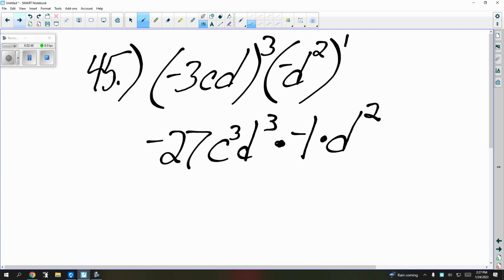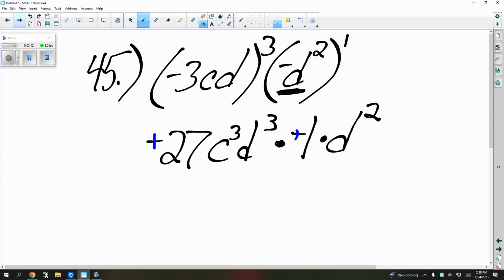The negative in front of that D does not get squared. Oh, no, no, no. The negative in front of that D does not get squared. That is a big mistake. All right. 2 negatives make a positive. Yay.